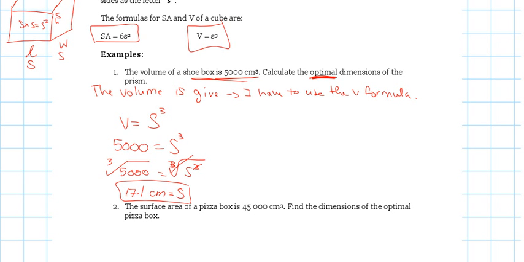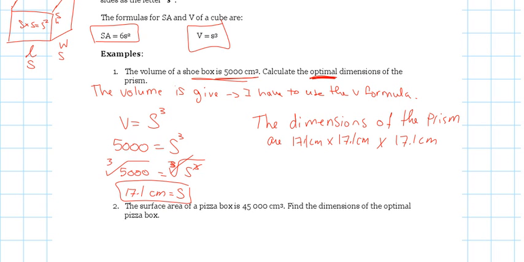Because it's a word problem, the dimensions of the prism are 17.1 centimeters by 17.1 centimeters by 17.1 centimeters. So that's telling me that the length, the width, and the height are 17.1. Does that make sense to you guys? Good.